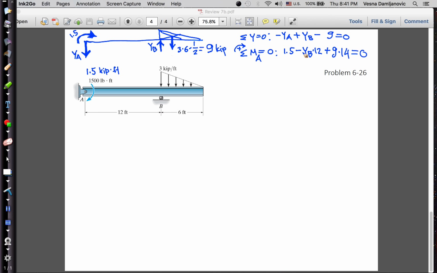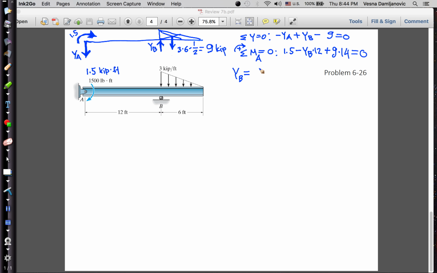So when you work this out, you will get that the force YA is equal to, I'm sorry, the force YB is equal to, from here, it's 9 times 14.